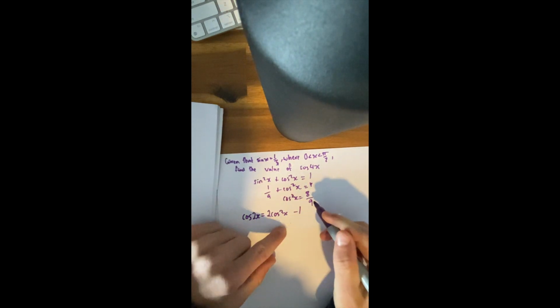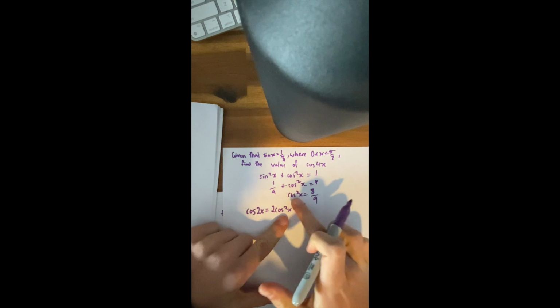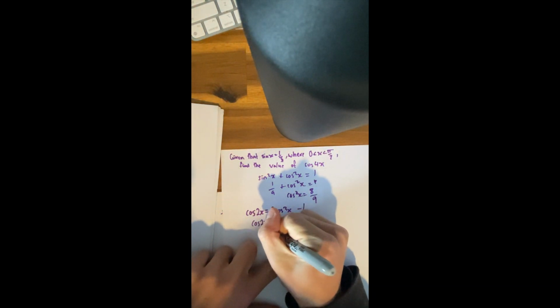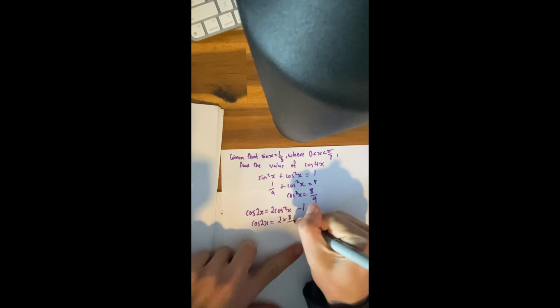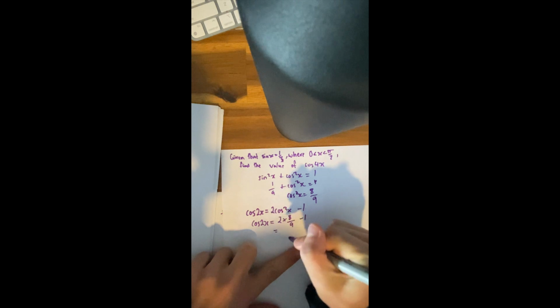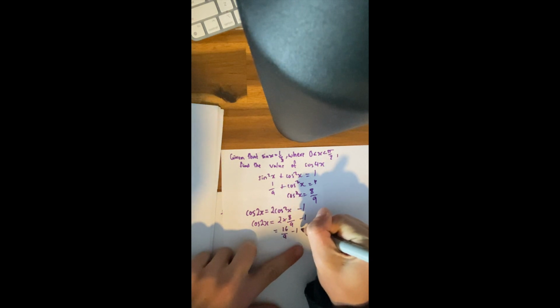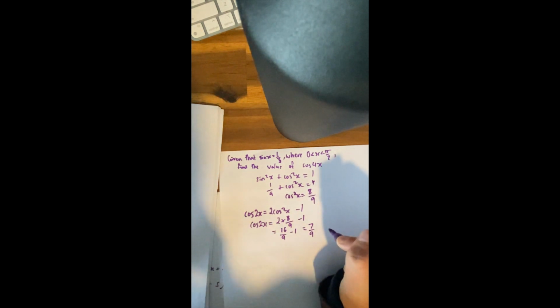But as you can see, we've got the cos squared x from this equation up here, and that's equal to 8 ninths. So therefore, cos 2x will equal 2 times 8 on 9 minus 1, which equals 16 on 9 minus 1, which just equals 7 over 9.